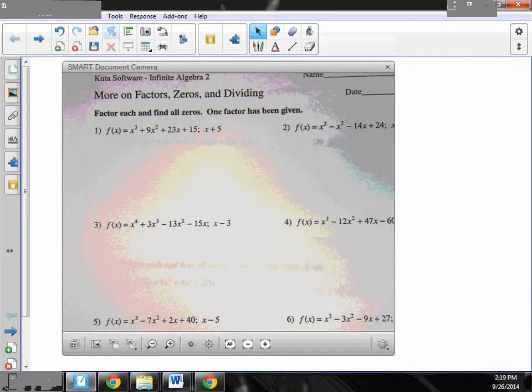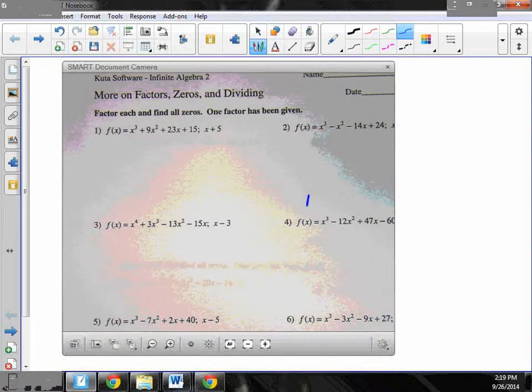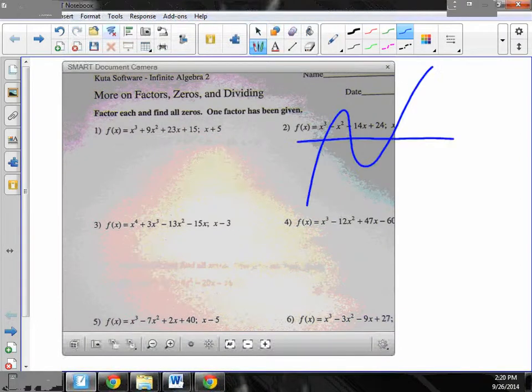But there's a problem. We don't know how to factor x to the thirds. Some of them factor in a special way, but most of them don't. So what we're going to do is use the one given factor and divide it. We have an x to the third, and it has 3 roots. And I already know one of the roots. What is it? -5.